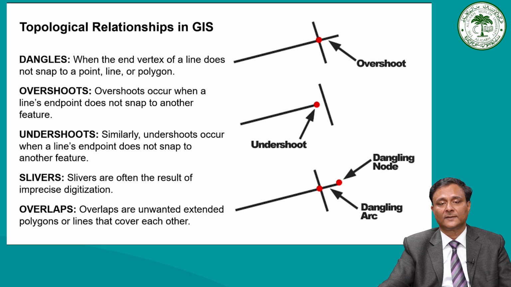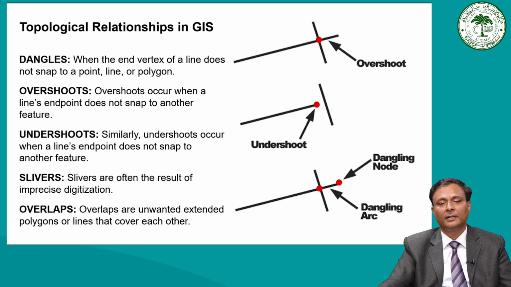The overlaps are unwanted extended polygons or lines that cover each other. Although data can't always be free of error, we can set topological relationships to improve the data quality. These are all unwanted errors that require data cleanup.